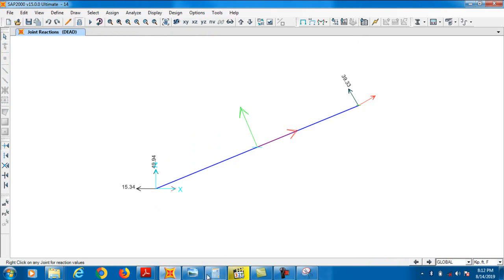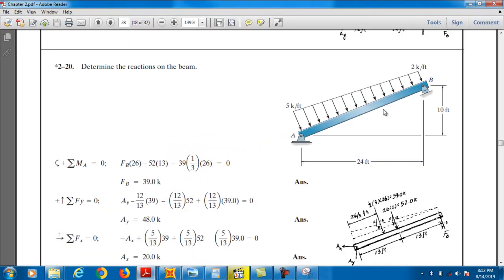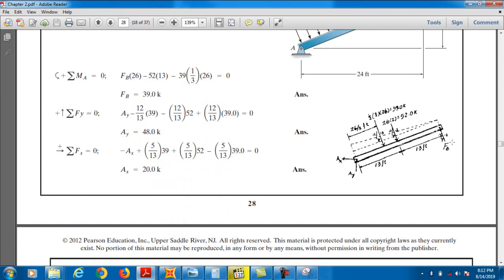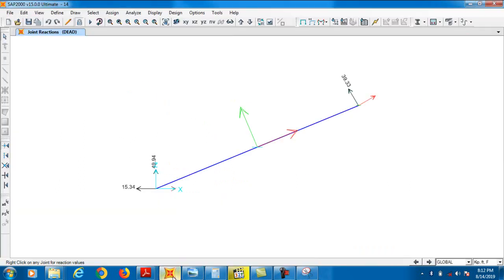Because if you see there, By is 39, so I have 39. Ay is 48, so Ay is 48, and Ax is roundabout 20.